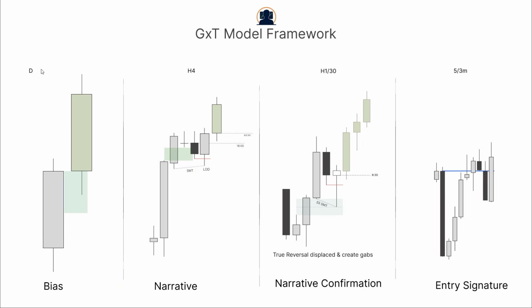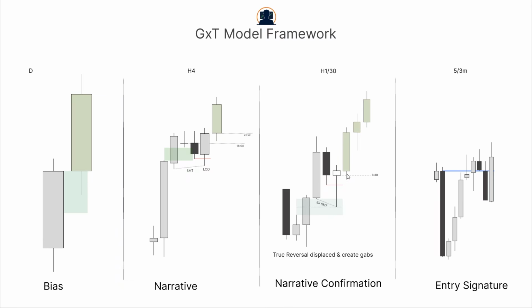So this is the GxT model in general. You have your bias, your daily bias, you have your narrative, which you anticipate in the daily candle to open, trade into a key level from a fractal model. Then you anticipate to trade the next candle, and you can confirm this narrative on the hourly time frame, where you'll be seeking the same signature, which you'll need the 4-hour candle to open, trade into a key level from an SMT being followed by a fractal model.